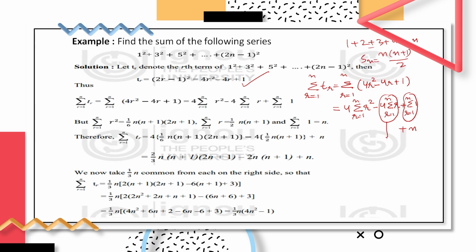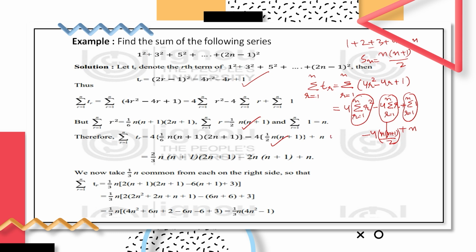So, this expression will turn out to be minus 4 into n into n plus 1 by 2, which is written over here. Similarly, this is the sum of squares.